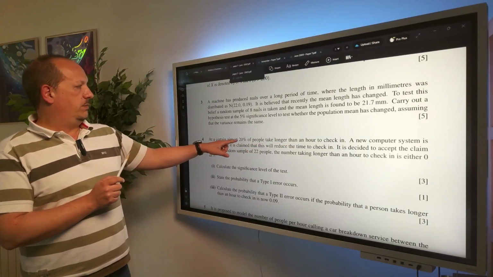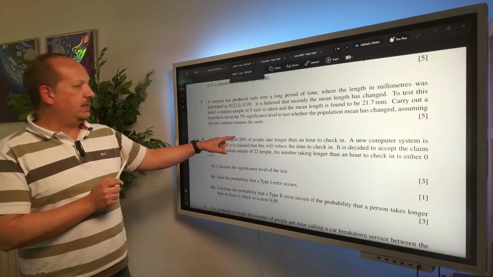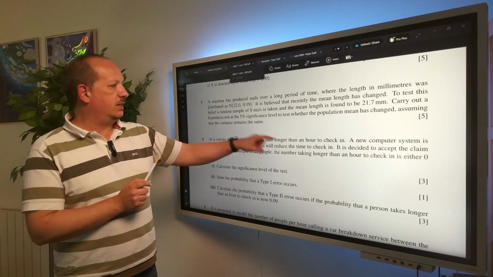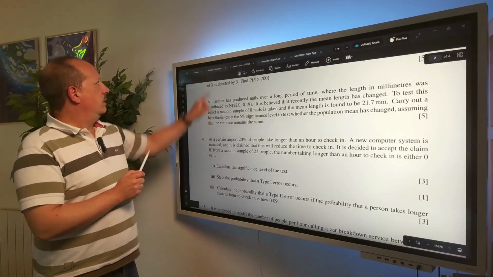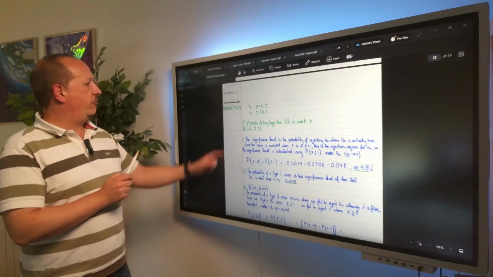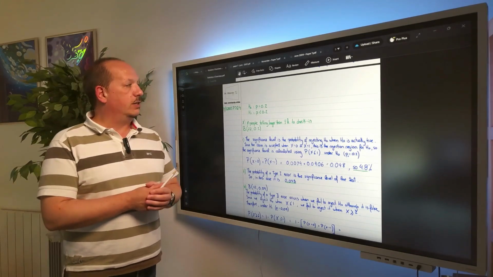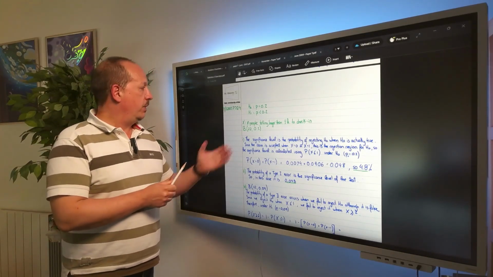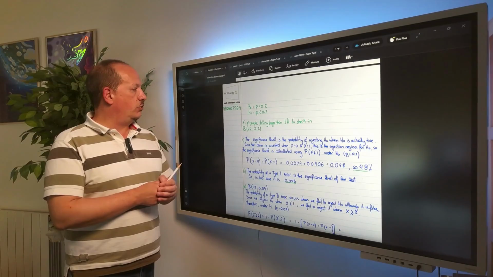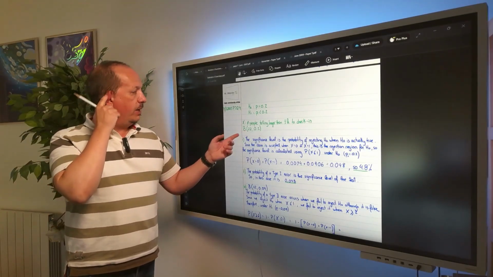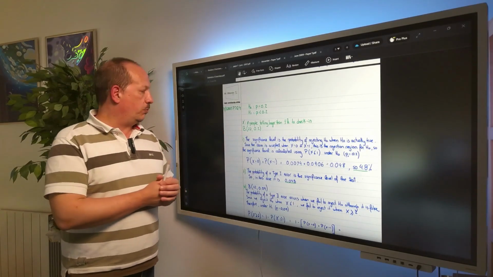So you will have less than 20% of the people taking longer than an hour to check in. You have X as being the number of people taking longer than 1 hour to check in. So you have a binomial distribution with n equals 22 and the probability 0.2.